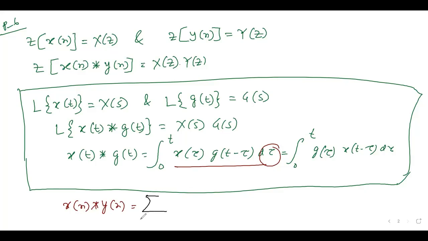Instead of tau here you write m, so it will be the sum over m from minus infinity to plus infinity of xm y of n minus m.